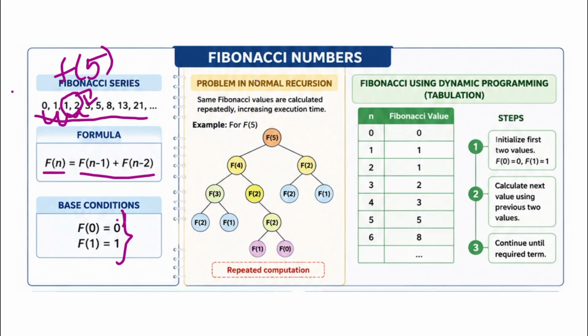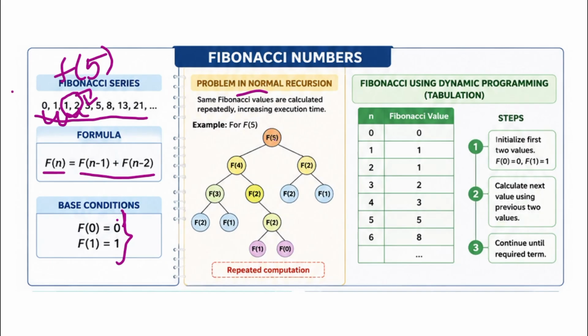In the normal recursion approach for Fibonacci, the recursive function is called. Initially we call one function, and f of n equals f of n minus 2 plus f of n minus 1, so we call two functions. This is the recursive method.